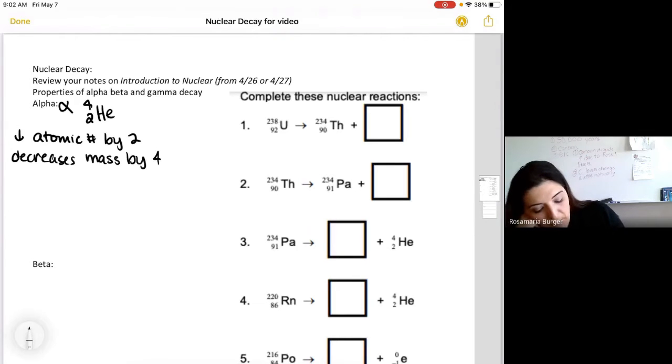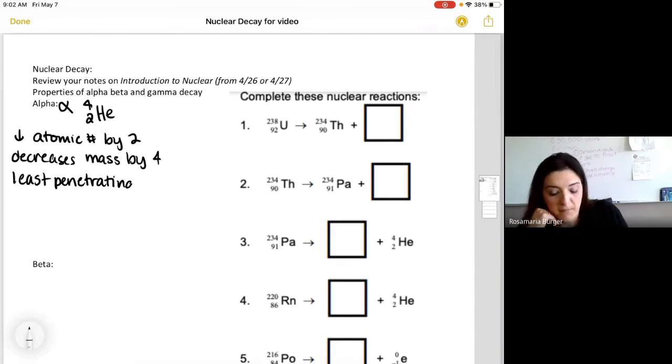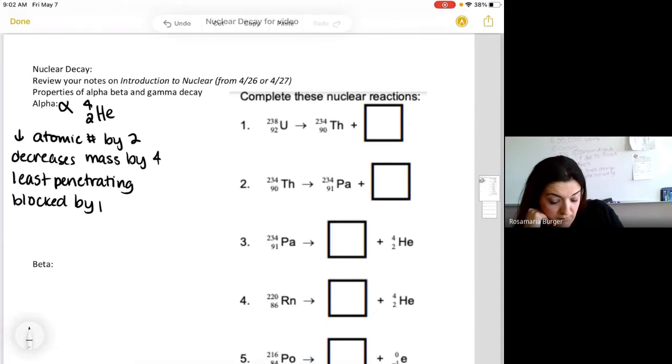This is the least penetrating, so it's not very dangerous. It can be blocked by paper.